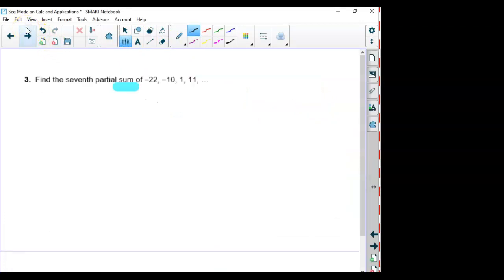All right, there is no way that the calculator is very efficient at finding sums, okay? So this is a revisit of a formula question. Find the 7th partial sum. So we need the sum of 7 terms, but there's 2 different sum formulas depending if it's arithmetic or geometric on your sheet.